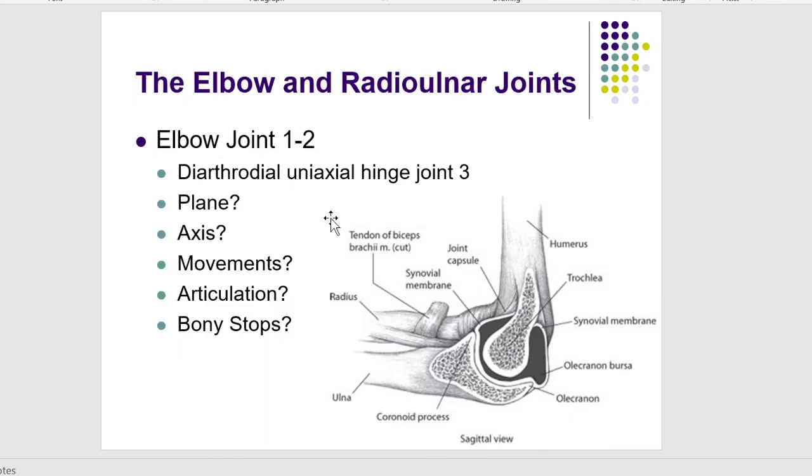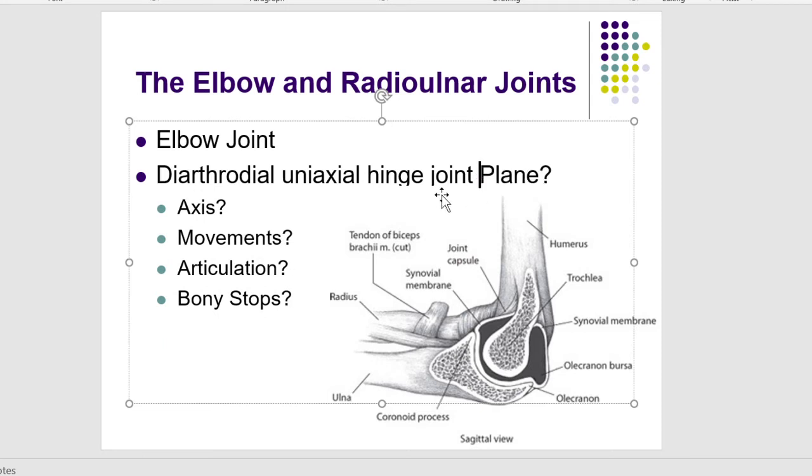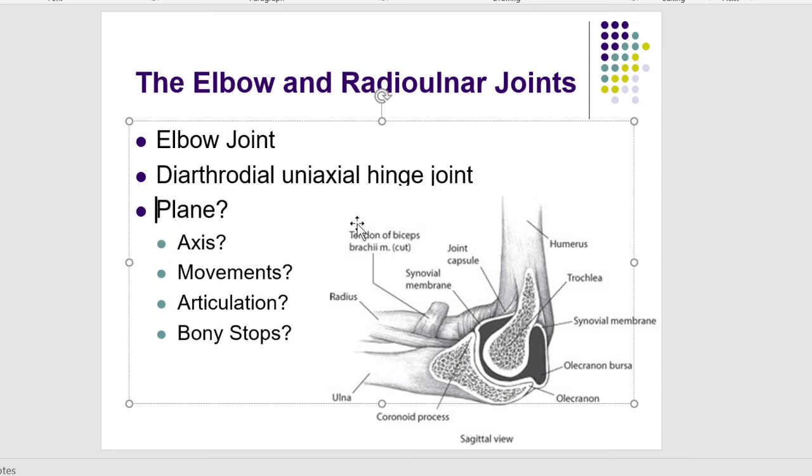So the elbow joint is a diarthrodial uniaxial hinge joint. Diarthrodial means it is a freely movable type of joint, and uniaxial because it moves only in one axis: elbow flexion and extension.